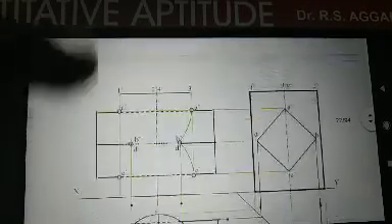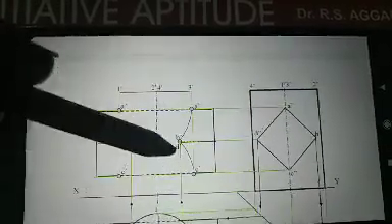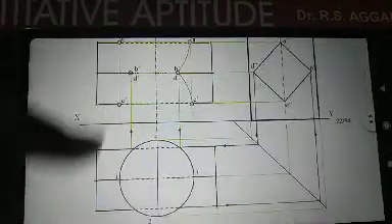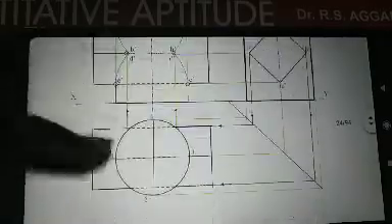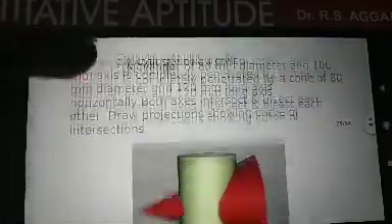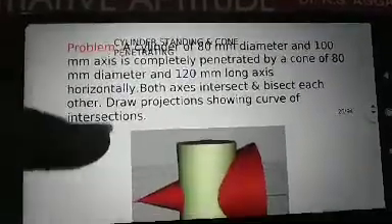Then these points we join with the help of a smooth curve. Okay, and completed the view of that solid.